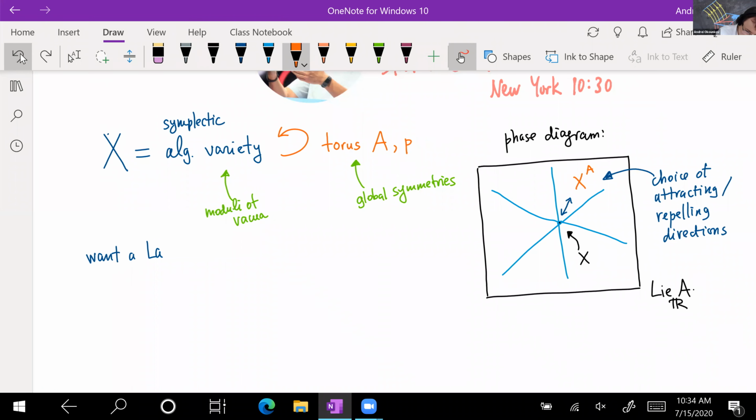Remember for projective space, elliptic homology looked something like a union of coordinate planes. It looks something like that.